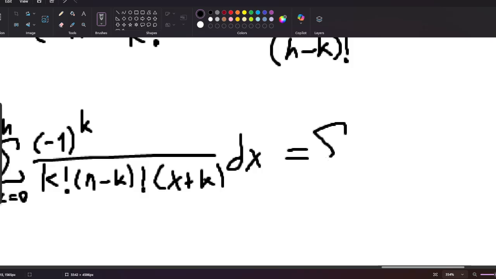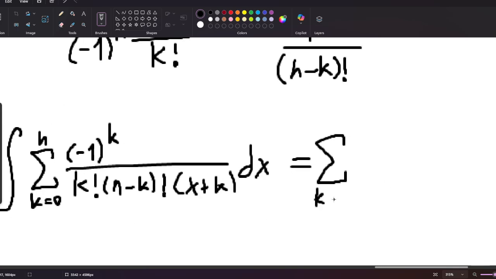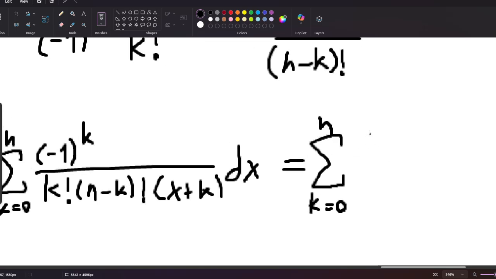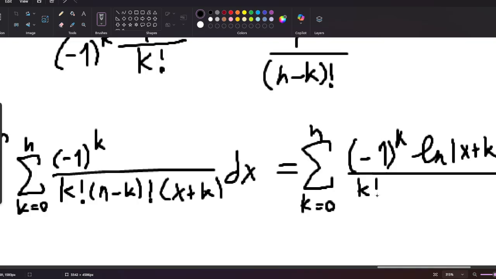This gives me a sum of a bunch of logarithms. After integrating we have a sum from k equals 0 to n of minus 1 to the power of k times the natural logarithm of, with absolute value sign. Technically I could define it piecewise, but that would take too much time. All over k factorial and (n minus k) factorial.